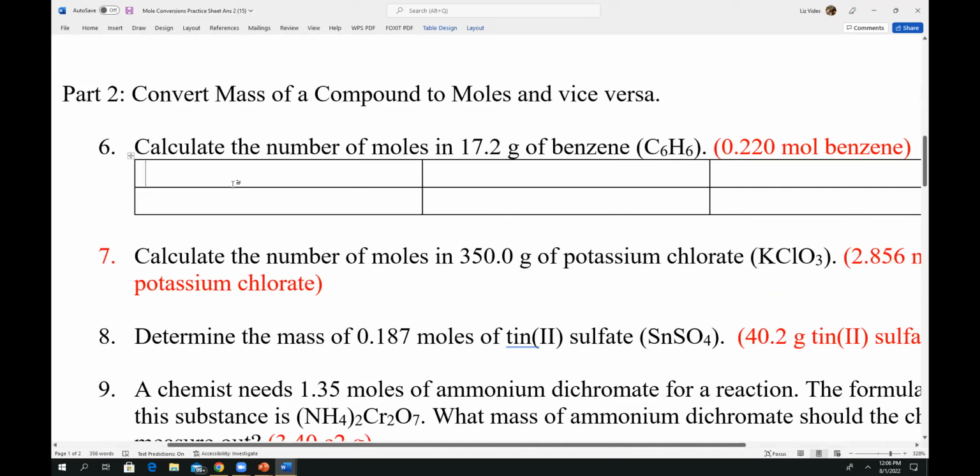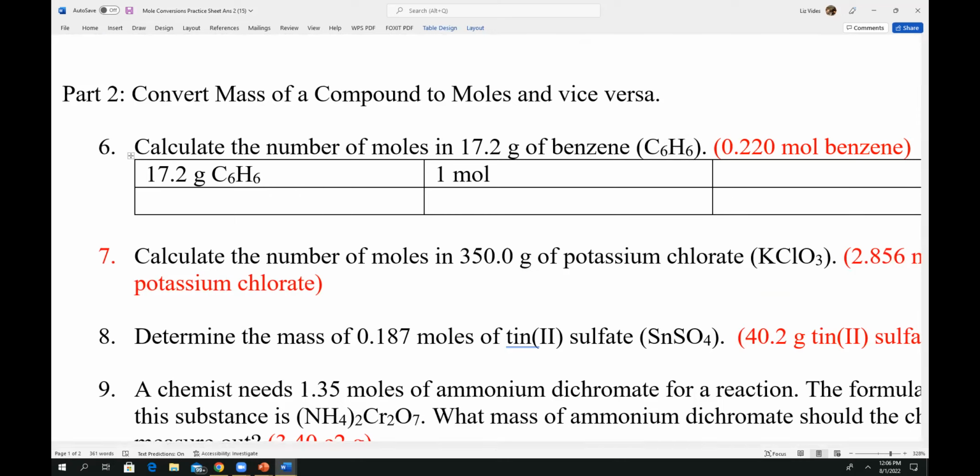See, it wants the number of moles in benzene. Okay, so 17.2 grams of benzene. So C6H6. I'm just going to copy this. Rewrite it every time. Okay, is equal to, so 1 mole of benzene.